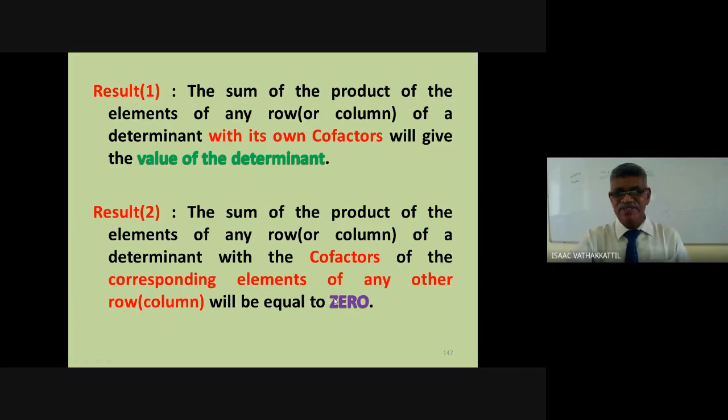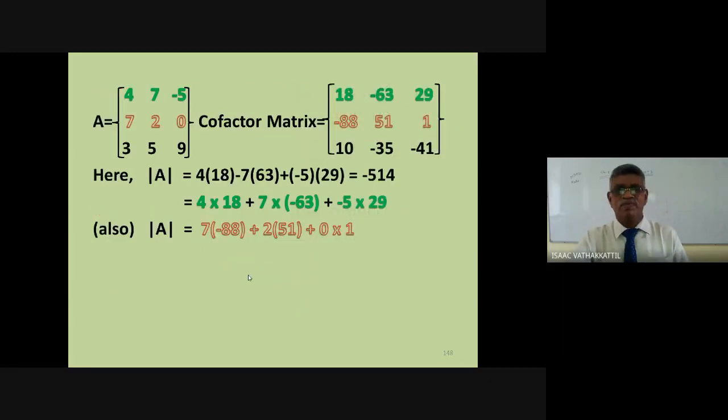See the difference? Elements from one row and cofactors of another row, the value is going to be 0, or elements from one column and cofactors of another column, the value is going to be 0.